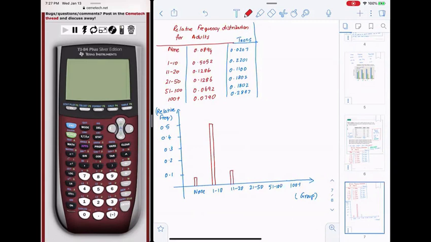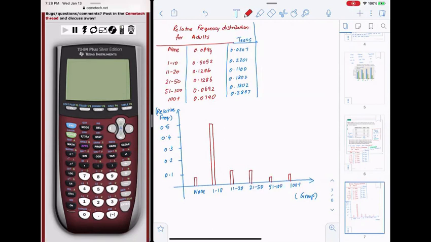And 21 to 50, it is the same level. 51 to 100, about 6%. 100 plus, about 8%, so slightly higher. And those are the bars for the adult group.